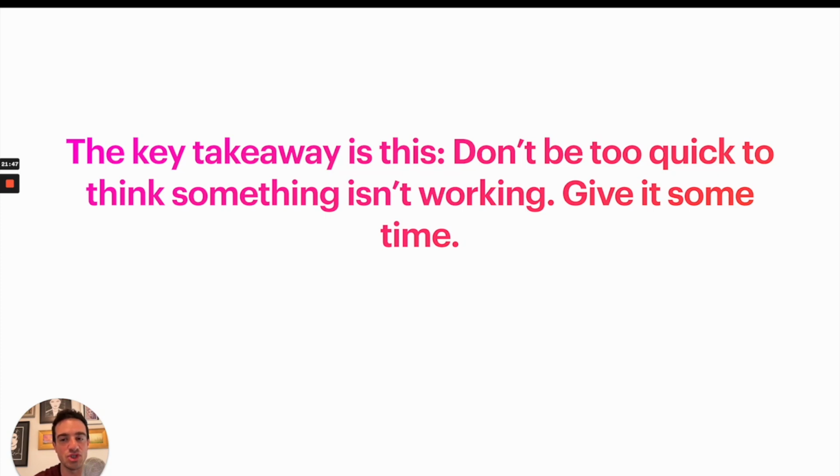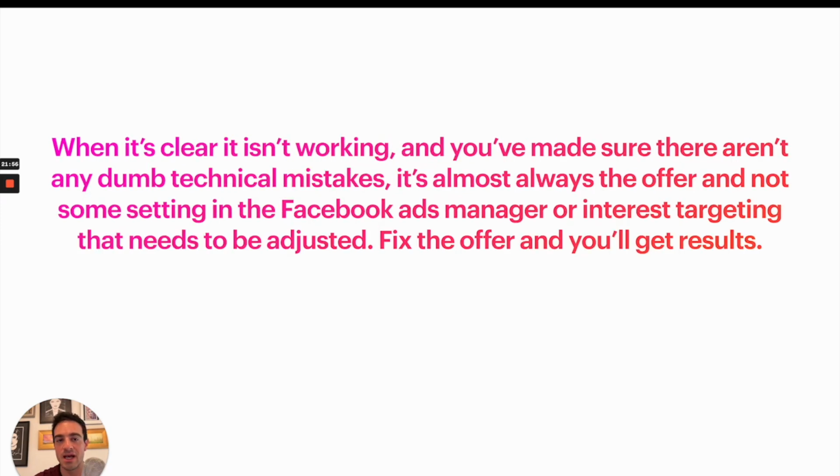Let Facebook do what it does best, which is get you leads and find people who are ultimately going to become leads. But when it's clear it isn't working and you've made sure there aren't any dumb technical mistakes, it's almost always the offer and not some setting in the Facebook Ads Manager or interest targeting that needs to be adjusted. Fix the offer and you'll probably get amazing results.